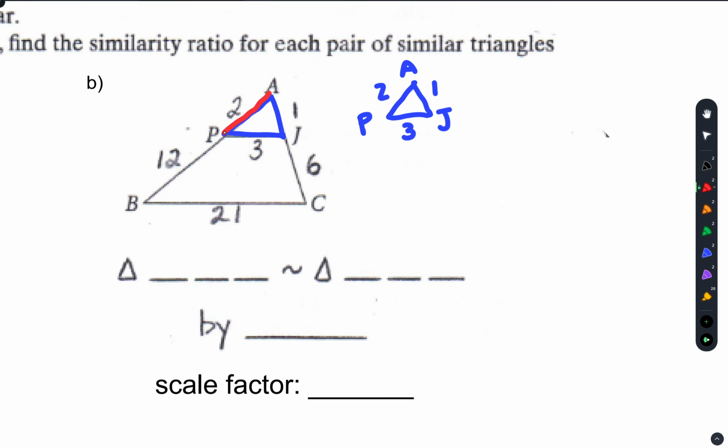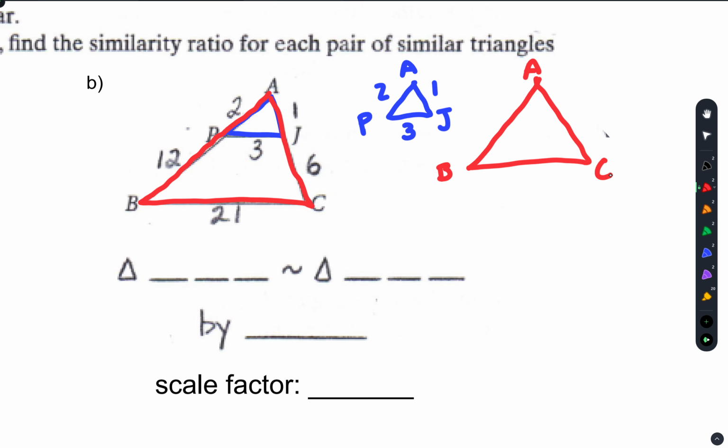And then I'm going to take my large triangle, which is triangle ABC. I know this bottom side length is 21. When we're doing this, make sure that you are adding up these entire side lengths. I don't want to see that AB is 12. I want to make sure that we are adding 12 plus 2 to get 14 here. I want to make sure that we're adding 1 plus 6 to get 7 over here.